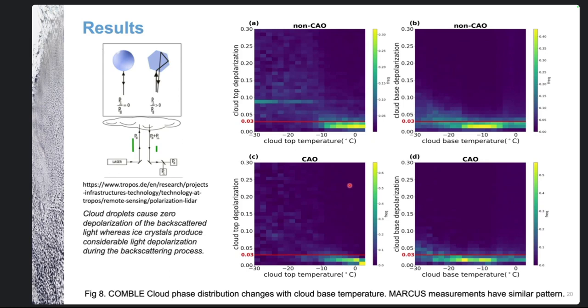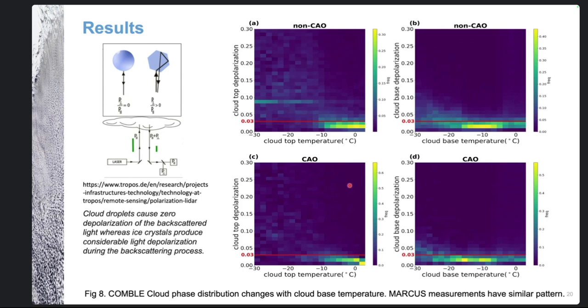Based on the Mace and Protat 2018 paper, they divide all the measurements into more ice dominated and more liquid dominated. They found that around 0.03, when the depolarization is less than this value, the clouds are more likely to be supercooled, more liquid dominated.